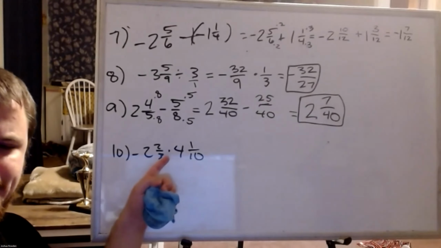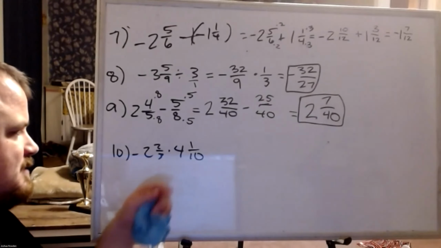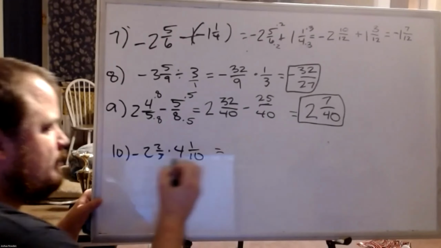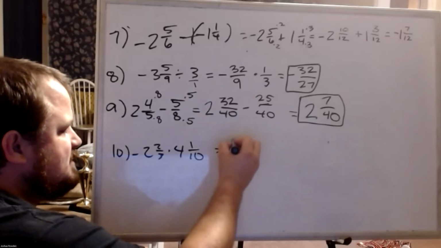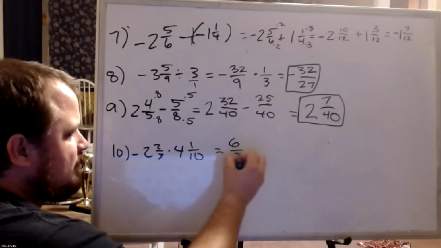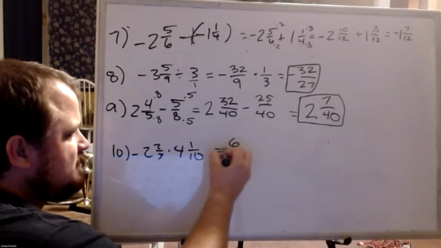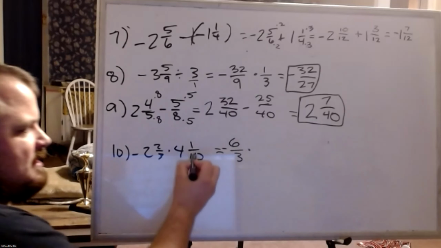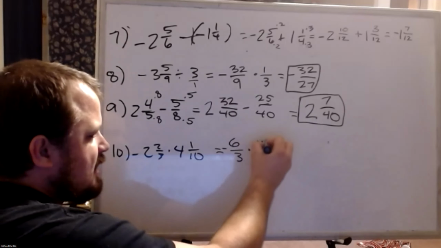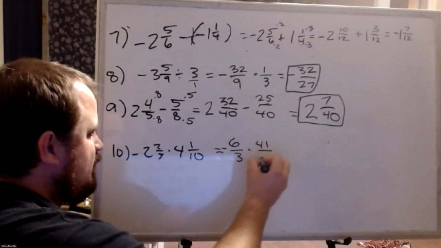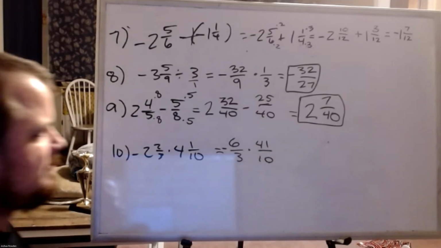All right, last one. We're multiplying. So that means we can't have mixed fractions. So we're going to do 3 times 2 is 6. 6 plus 2 is going to be 8 over 3, and that's negative, times 10 times 4 is 40, 40 plus 1. So times 41 over 10.